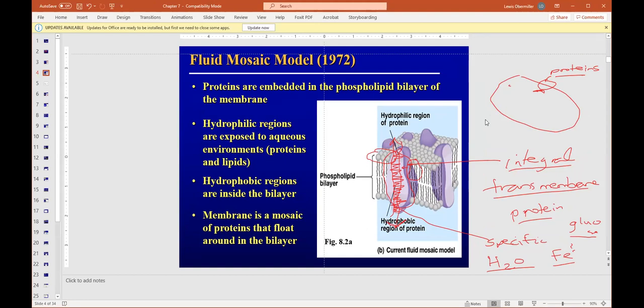Just to give you an idea of what it's like, it's about the consistency of vegetable oil. So if you guys have ever felt olive oil or canola oil or something like that, that's about the fluidity of most phospholipid bilayers.